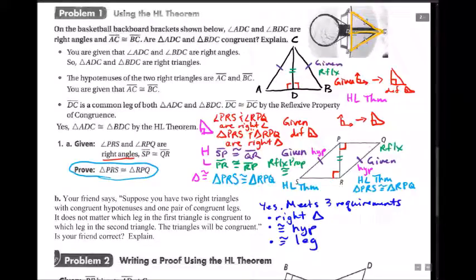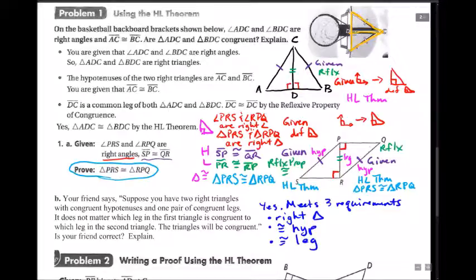And we are also given that these two segments are congruent, and we have labeled those the hypotenuse because they are opposite the right angle. And we know by our reflexive property, I told you we'd use this all the time, that these sides are congruent, and that gives us a leg.